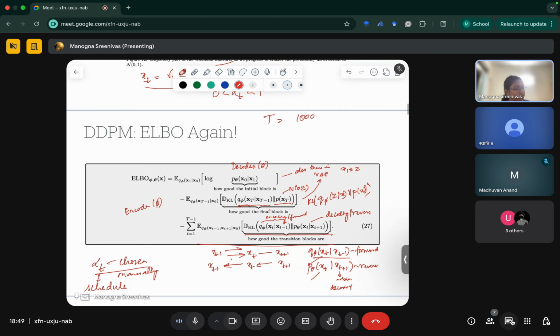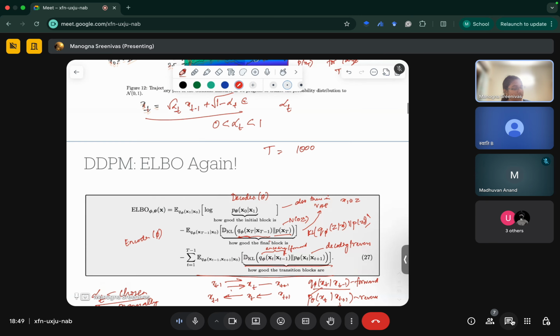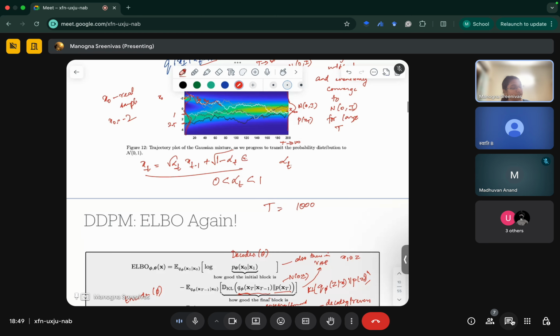I'm not very sure about this, but as long as alpha t lies between 0 and 1 and you choose a sufficiently big capital T, it should converge. Maybe there is some condition that if it goes beyond 0 and 1, then probably it's not the normal distribution.